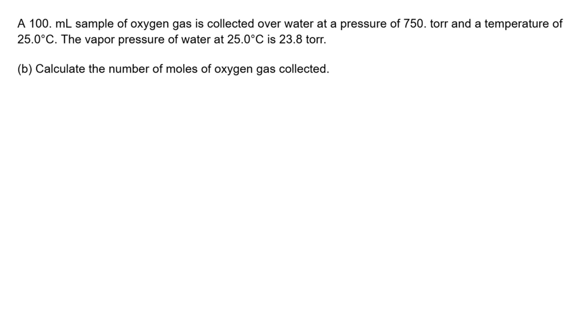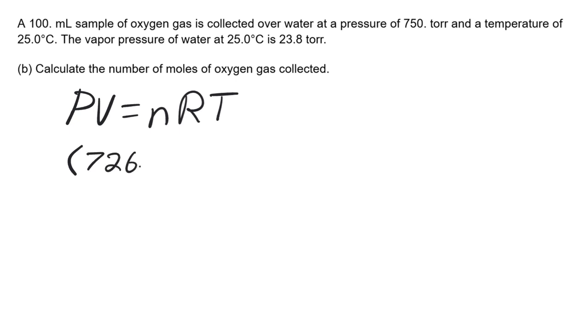Part B, calculate the number of moles of oxygen gas collected. So to do this, we are going to use the ideal gas law. PV equals nRT. We are trying to find the number of moles of oxygen, so we are going to use the partial pressure of oxygen that we calculated in part A. So we'll start with that. 726.2 torr.